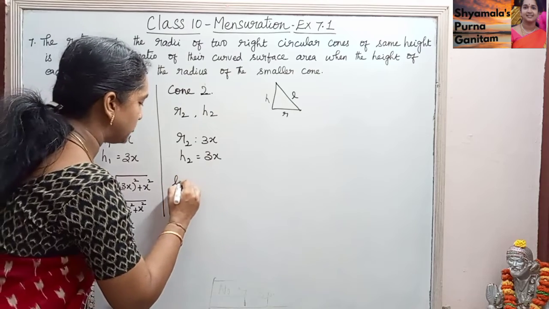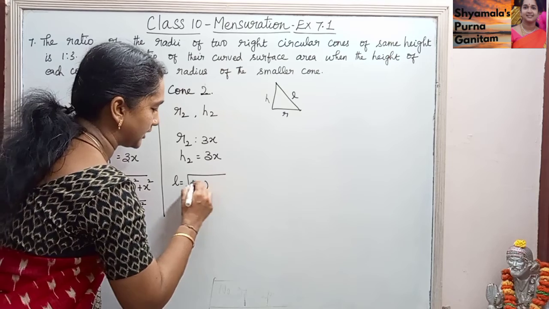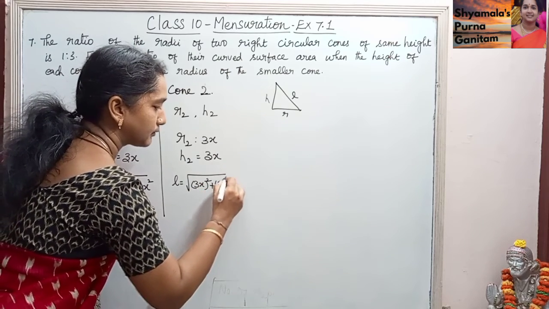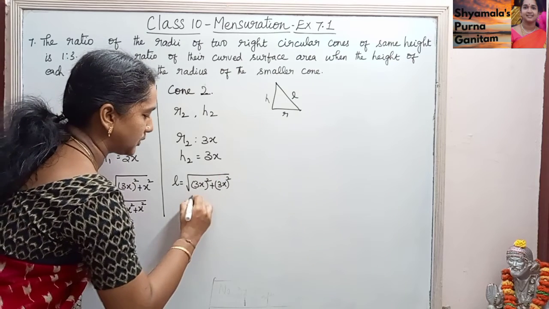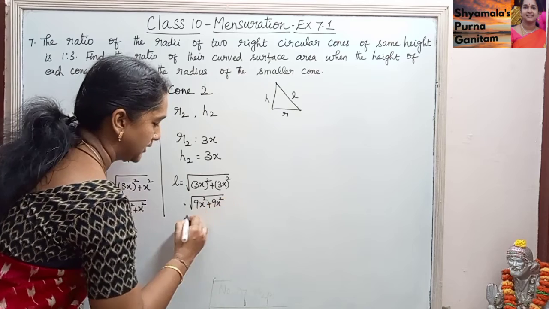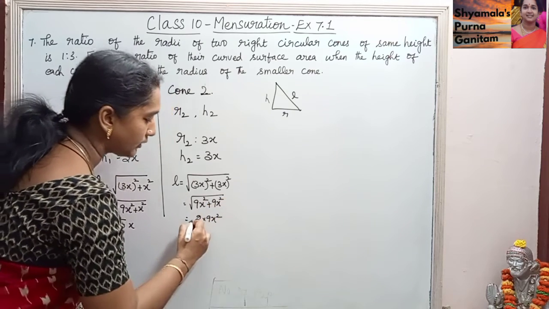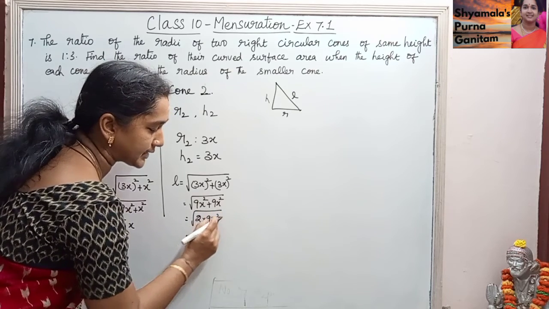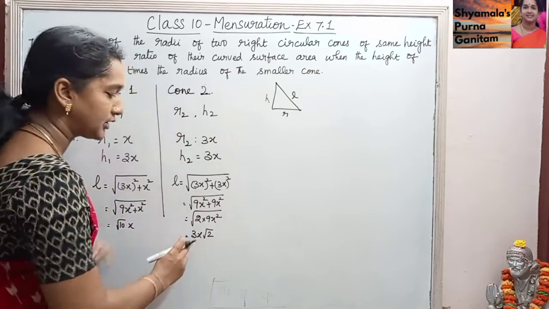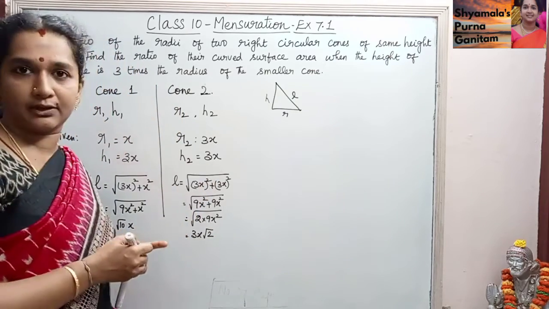In the same way, the slant height for the second cone is root of (3x) square plus (3x) square, which is root of 9x square plus 9x square, that is 2 into 9x square. Taking 3x out, we get 3 root 2 x as the slant height of the second cone.